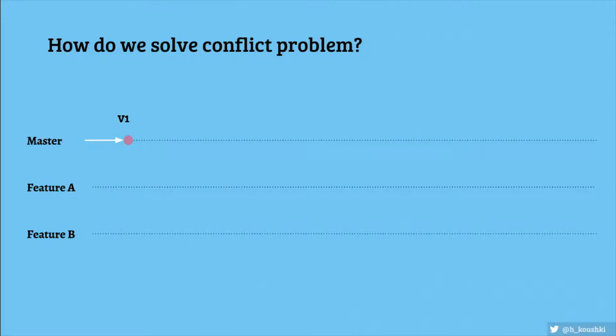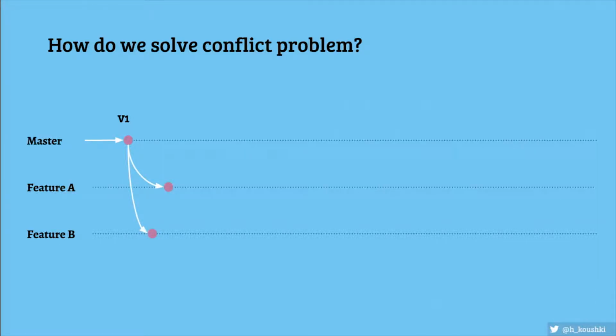Most of the time when I explain Inflow, the first question is how do you solve a conflict problem? Because you are saying everything is automated. That's a very good question, because it's important that when you push a magic button you don't have a conflict problem. If you get a conflict problem, then it's not really automated. But how do we solve this conflict problem?